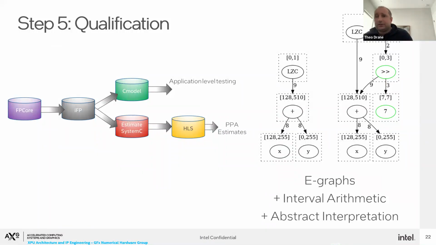And this would allow us, in theory, to not only build the C model automatically from an infinitely precise FP core, this could give you PPA estimates that are realistic. Because, for example, for floating point addition, you're not going to synthesize the 1000-bit thing that we had at the top of the mountain. You need some, ideally, automatic technique to make the bit width reasonable, which is what this technique offers.